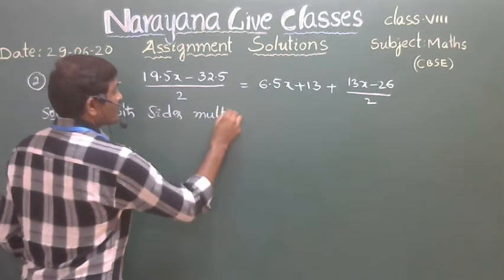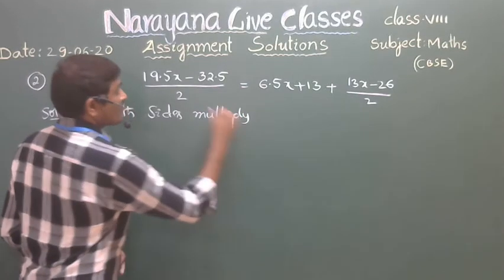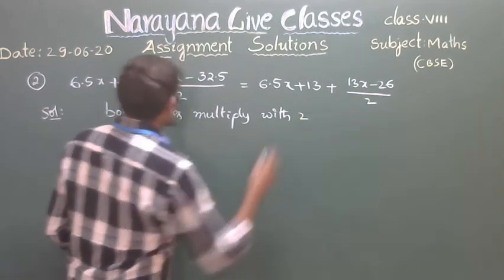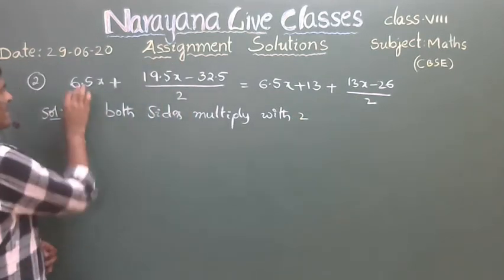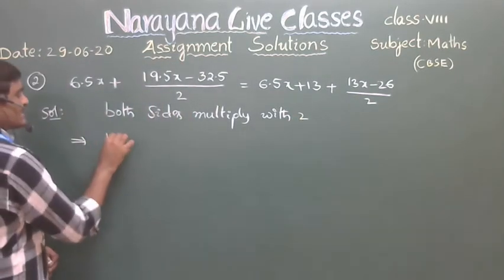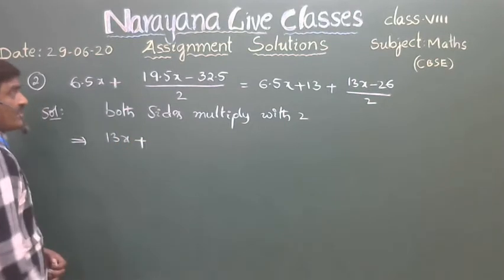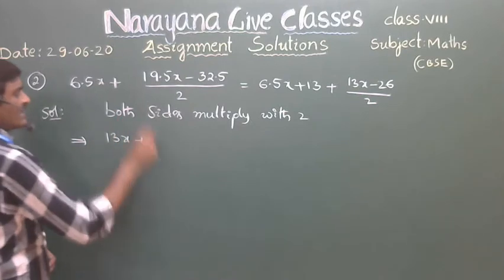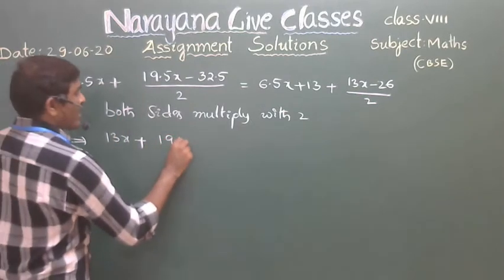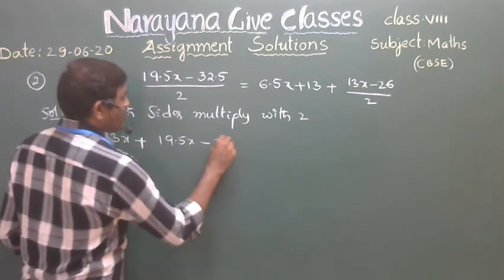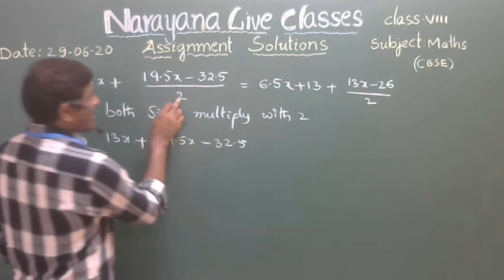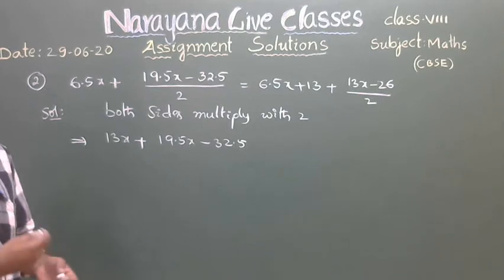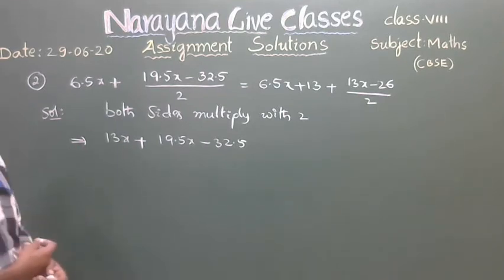What you will get? 6.5x into 2 is 13x, plus when we multiply with 2, the denominator 2 will be cancelled, then remains 19.5x minus 32.5 only. That purpose only we are multiplying both sides with 2.